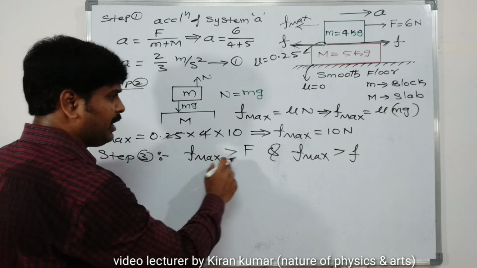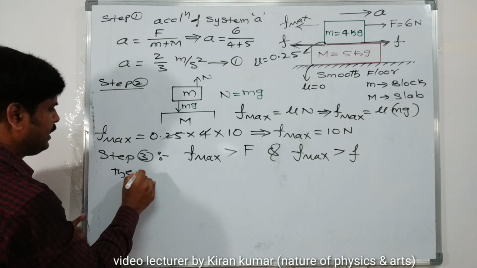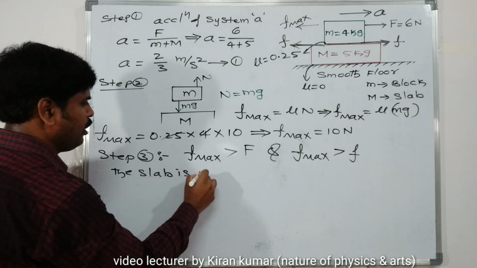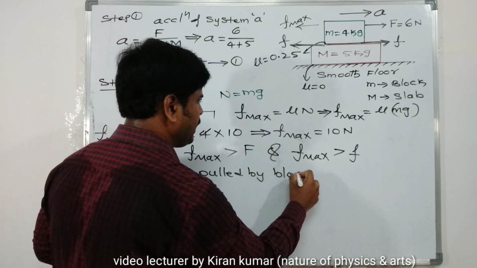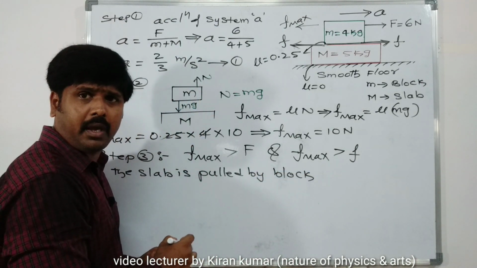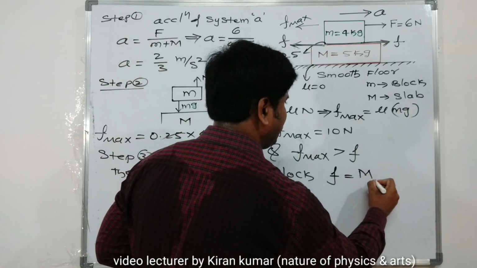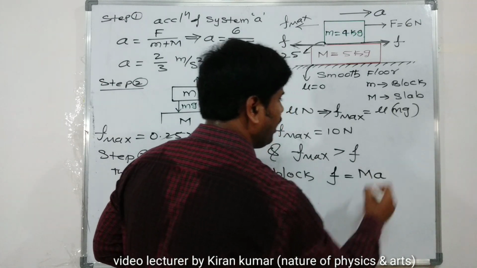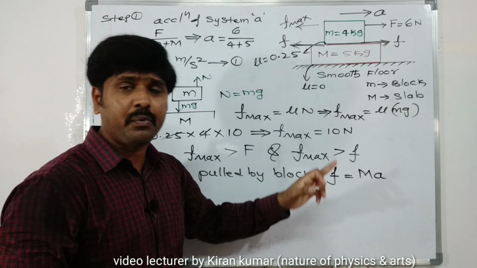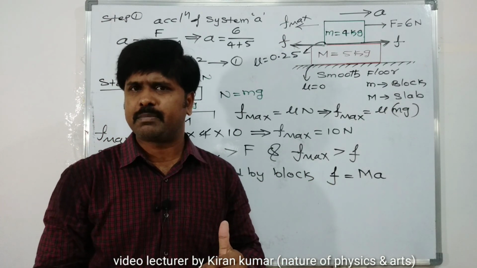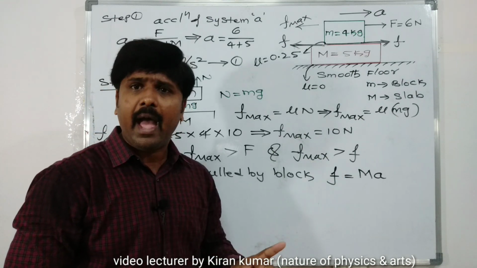Okay, so now step 3. For step 3 conditions I wrote, the slab is pulled by a block. So the frictional force F is equal to capital M into A. Try to understand, this is not the maximum friction; we are finding the frictional force that takes place between the two bodies, that is F, which is equal to MA.